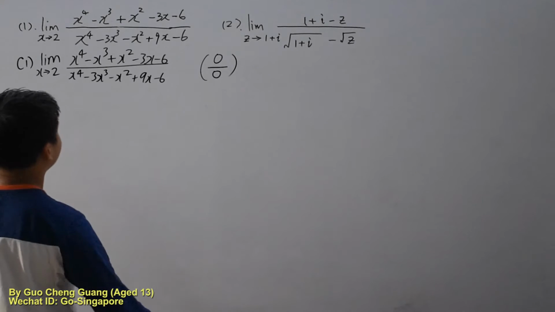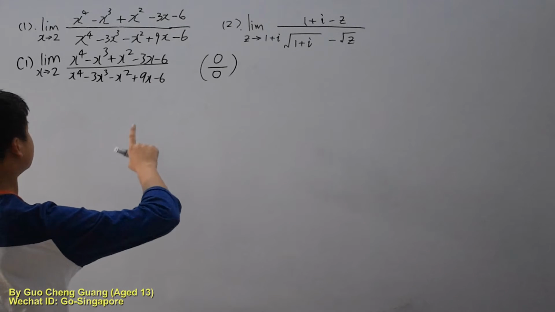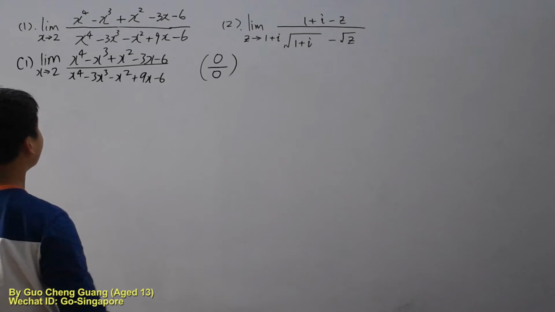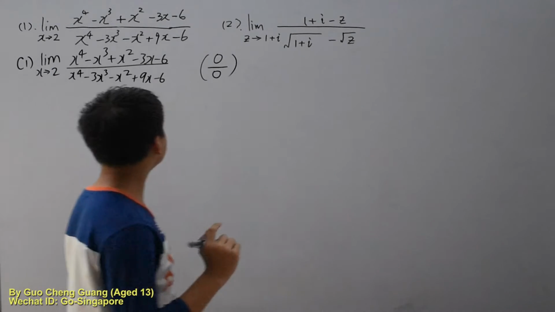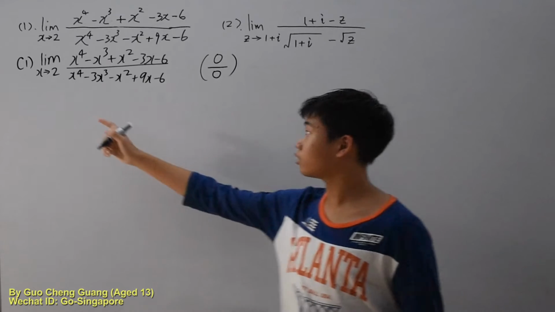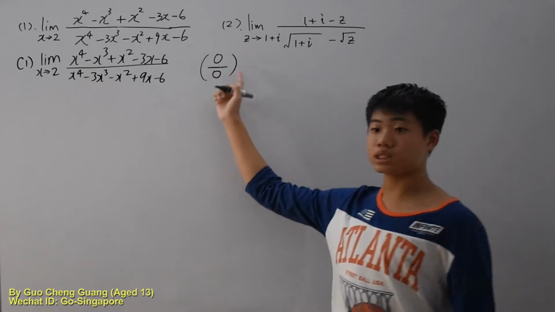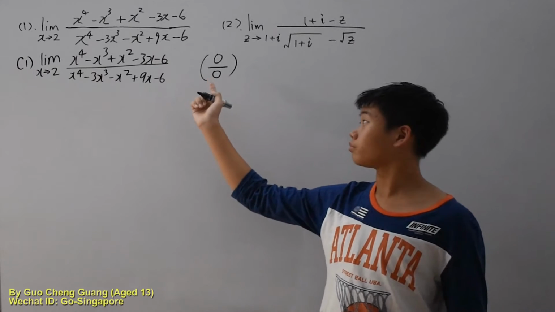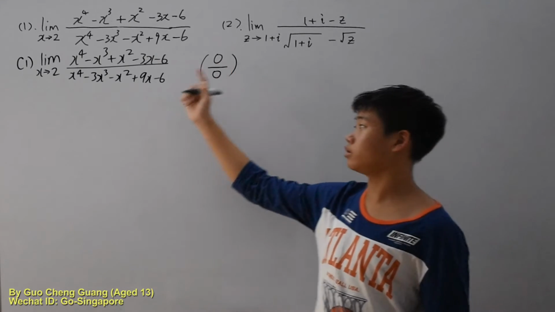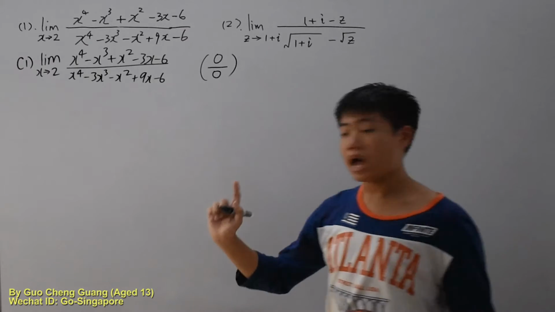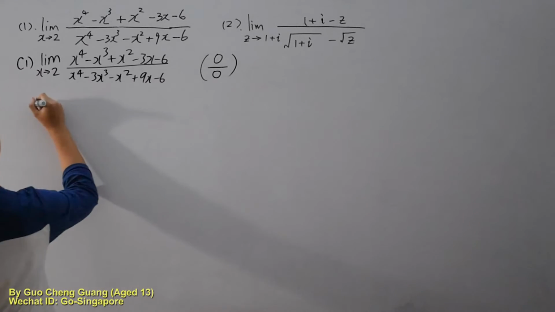Because this is 0 over 0 and x approaches 2, that means you could take out x minus 2, since 2 is causing this 0. Isn't that right? Definitely there must be x minus 2.